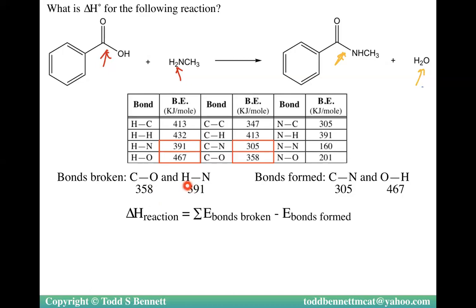So for this one, plugging in, 749 minus 772. I hope I said those numbers right. My apologies, it should be minus 772. So when I get that, the difference here should be 23.